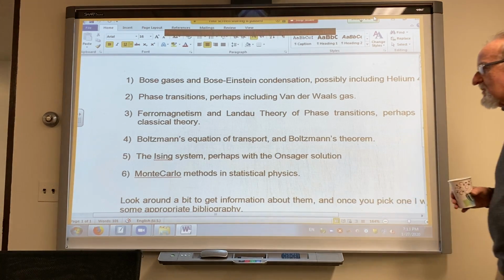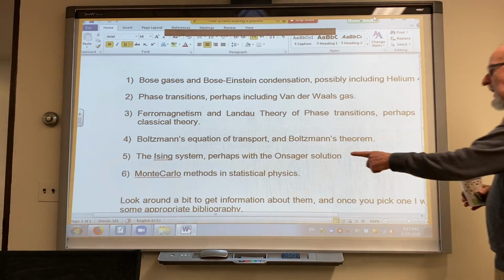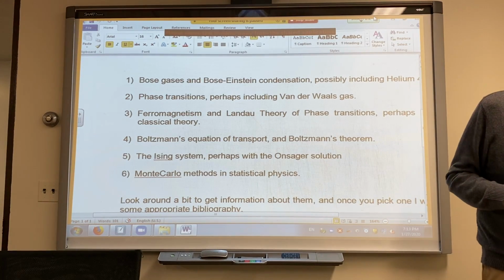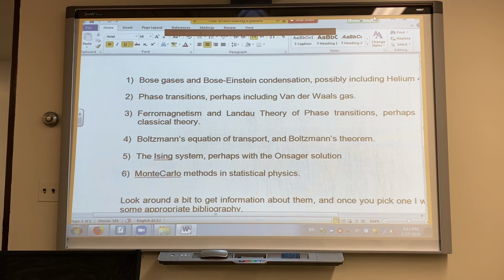Oh, the Ising model I already mentioned. Another is how do you approximate in the computer many of the models of statistical physics. And one of the most powerful methods is called the Monte Carlo method, in which you can simulate systems, and so somebody can look into that. How do we simulate the system using Monte Carlo?